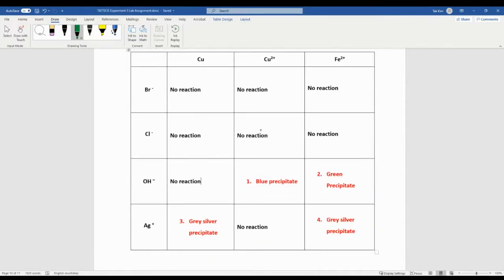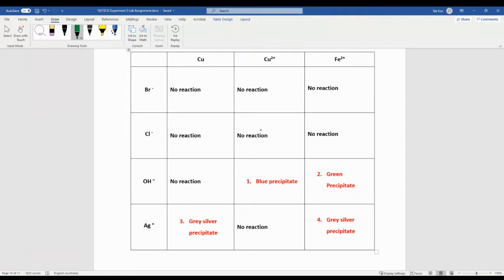There we go. So copper hydroxide and iron hydroxide, and then silver plus copper, and then silver plus Fe2 plus, they all work, whilst the other one's not working.